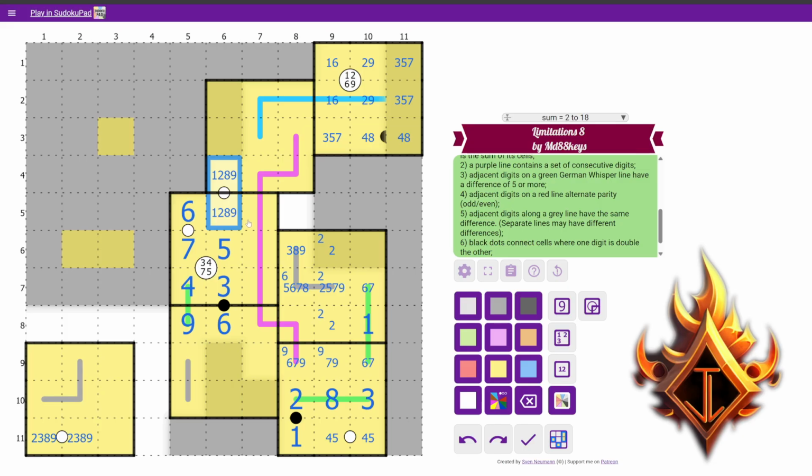If this is 1, 2, then that is a 1, 2. And then a 1, 2 is in here with 8, 9. And then 8 would go up here. That would be okay.